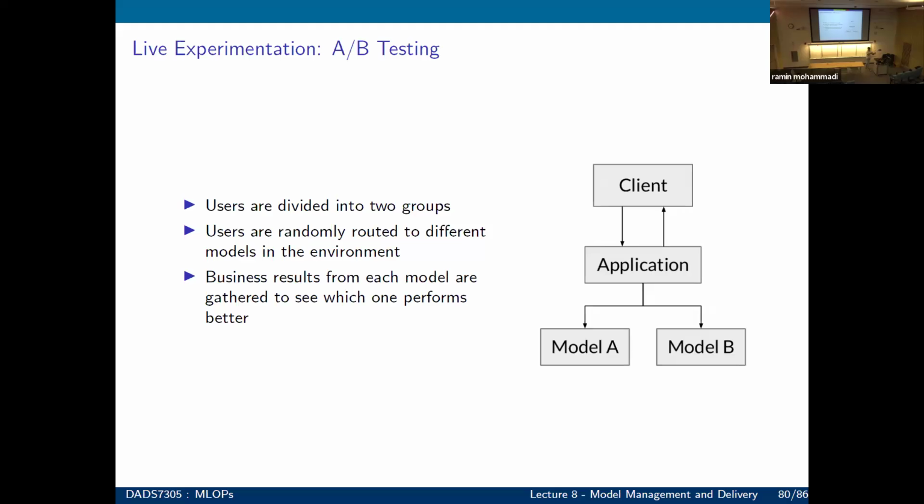So you look at the business metrics instead of model metrics, and you decide, okay, model A is better than model B. It's not that straightforward. A/B testing has much more to it, but you need to randomly assign a certain group or cohort to model A and the other to model B, and look at the bigger picture to see which model works better.